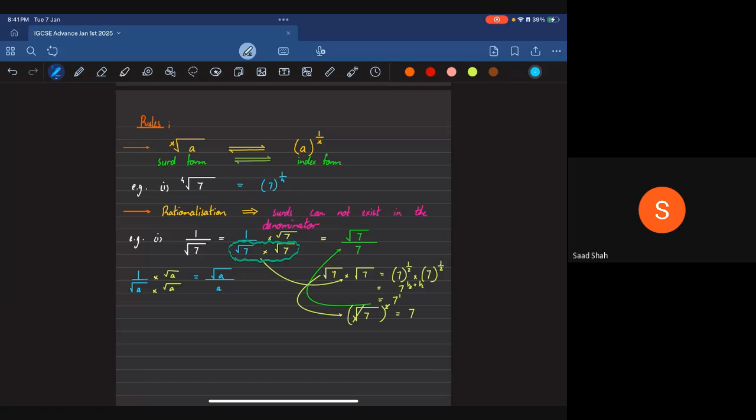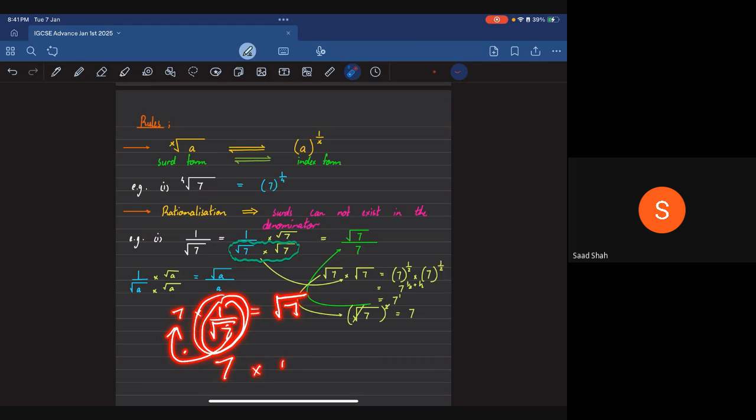For example, if this was being multiplied by 7, then 7 times 1 over under root 7 can actually be written as under root 7. Why? Because this can be rationalized. If I rationalize this, it's going to be 7 times under root 7 over 7. 7, 7 cancels out. Yes, that can be the case.